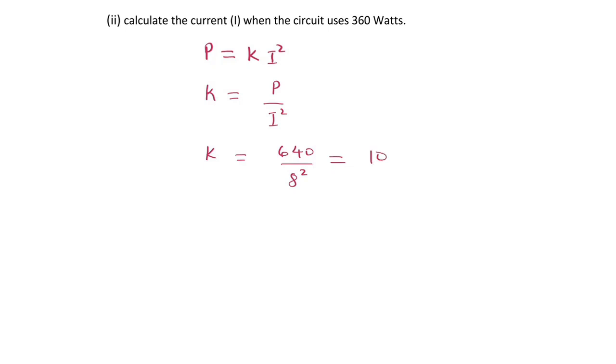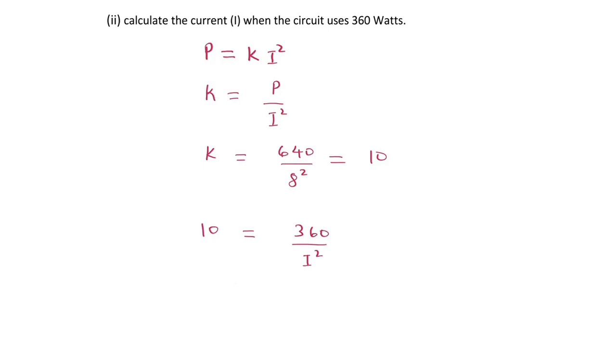Okay, so now from the formula, let us substitute the calculated value of K and the power as 360 watts. We are going to have 10 equals 360 over I squared. Okay, now let us make current the subject.